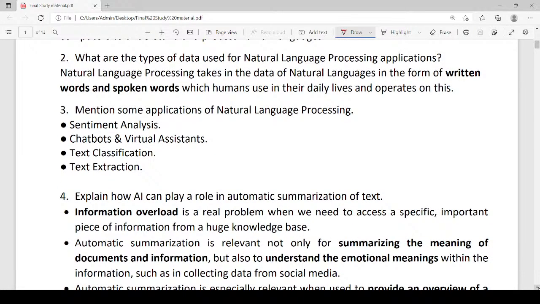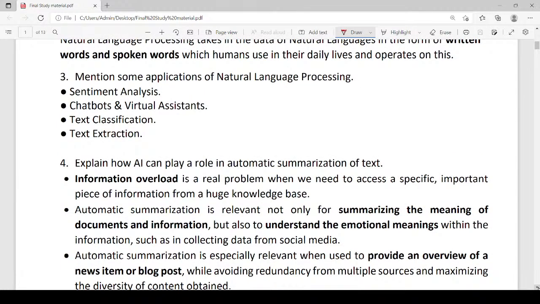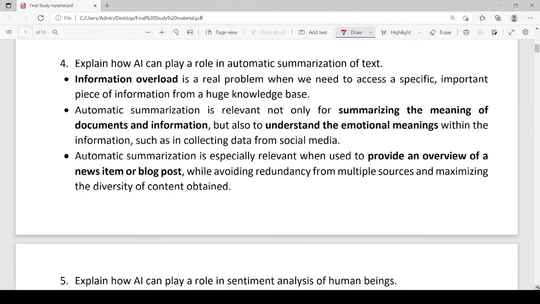So when we want to give the summary of a huge document, we make use of this application, which is called automatic summarization. You can give examples like a news item or a blog post. So students, if you get this kind of question, try to understand and give the answers crisp in 2 to 3 points.